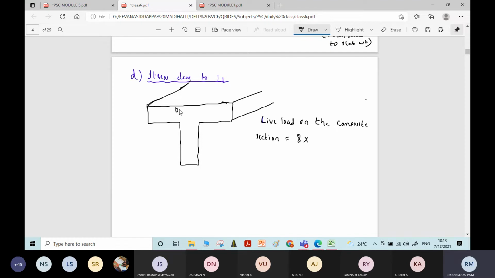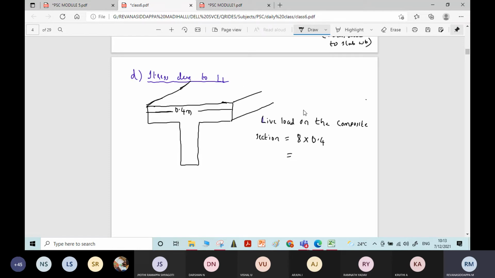This length is 0.4 meter. Now you multiply by width of the slab 0.4. You will get a live load per meter length of the slab.